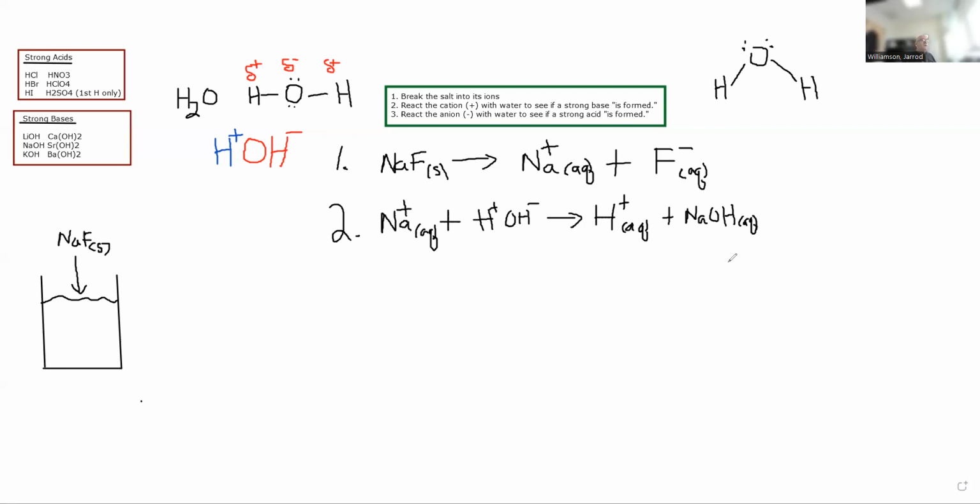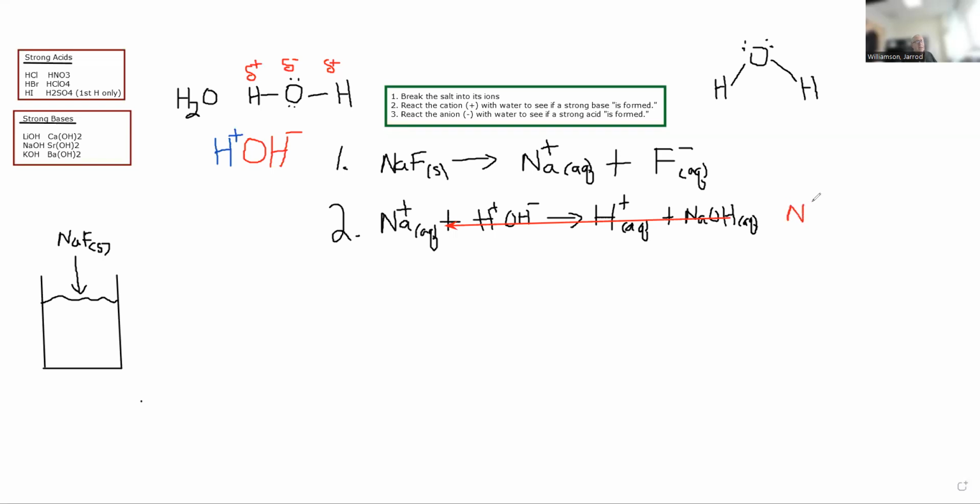Except we've learned that sodium hydroxide is one of our strong bases, and it does not stay together. It forces the reaction and it drives the reaction backwards. It separates back in half and it drives the reaction back this way to where we started. So this reaction does not happen.